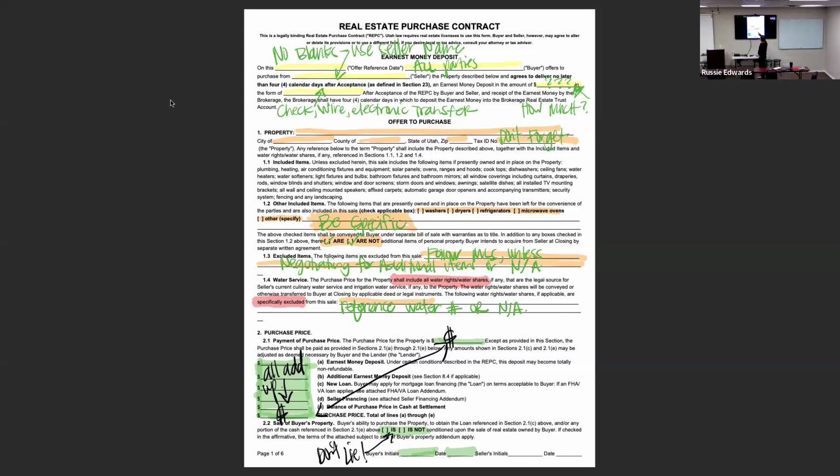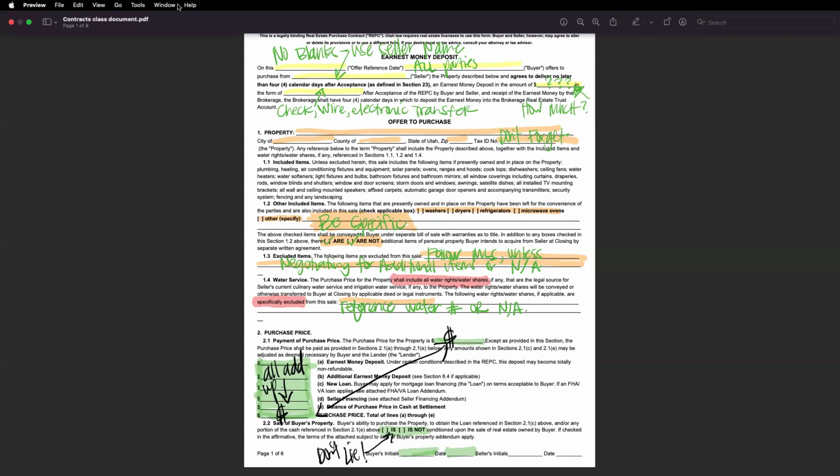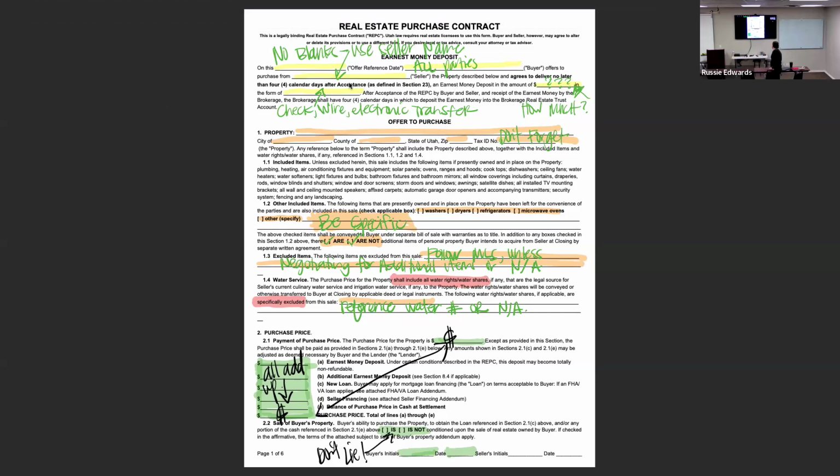Payment, purchase price. Oh, there's questions in the chat. Anna, do you want to talk, or do you want to just chat? I can talk. I didn't know if you could hear me. Oh, she's talking about earnest money. I don't like to tie it to a percentage, because then if I tie it to a percentage, people start talking about it.